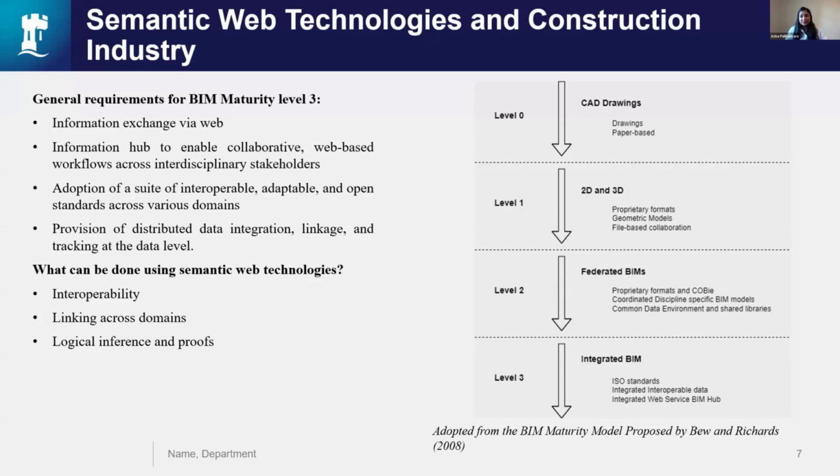However, various disciplines involved in construction projects, like structural engineers, quantity surveyors, and MEP engineers, use their own models and their own preferred software. Once in a while they do clash detection and coordination with all these models they create.